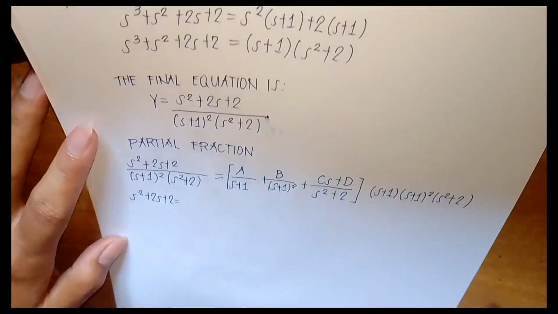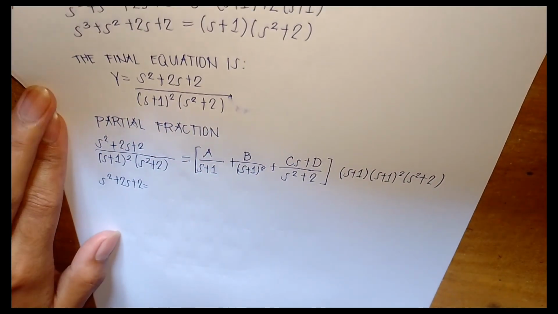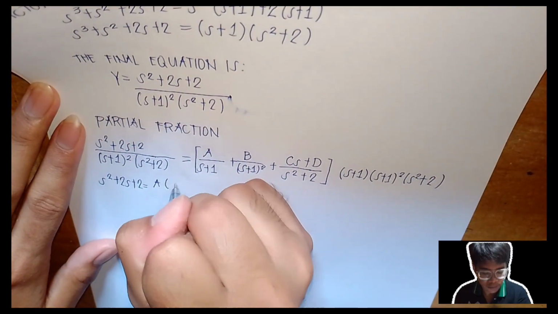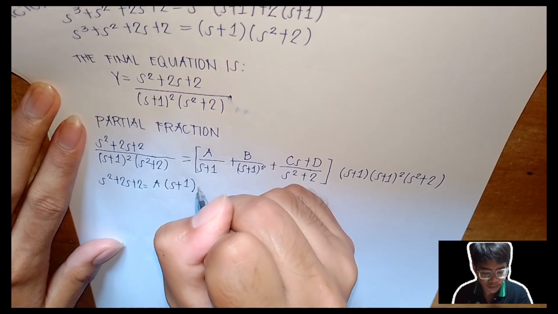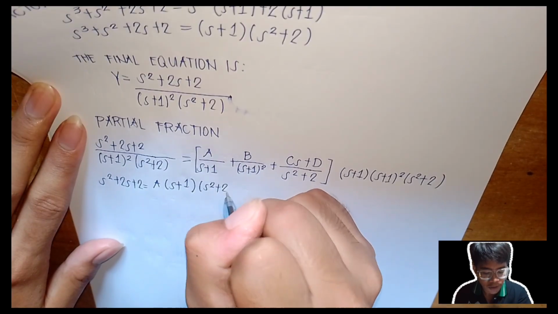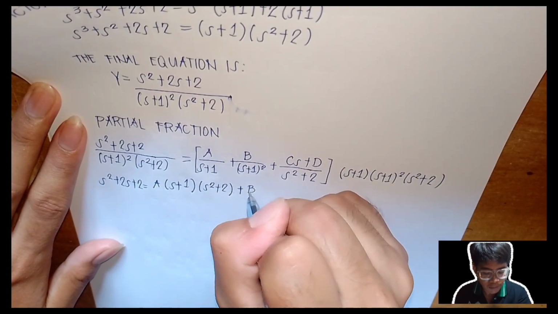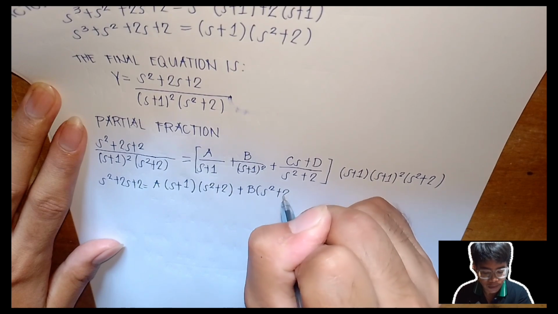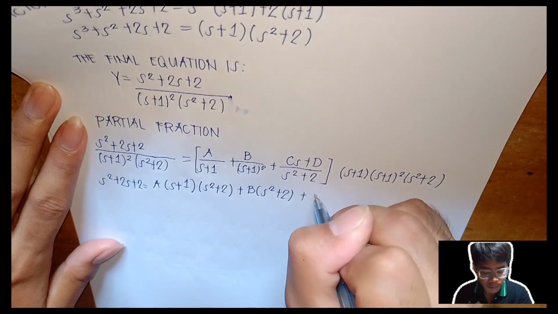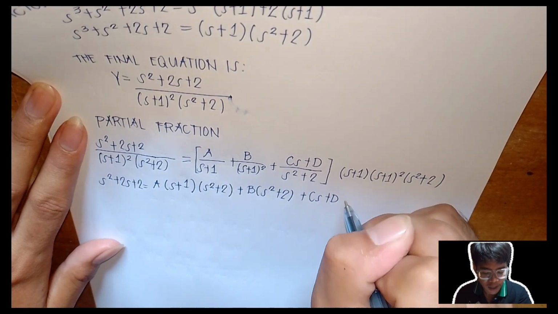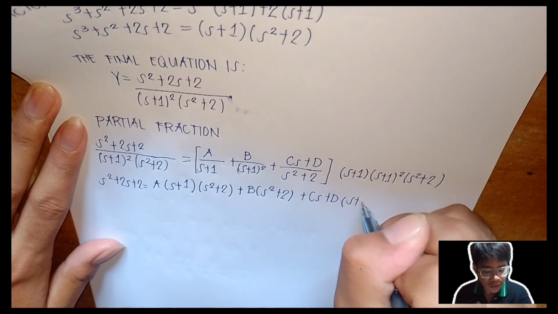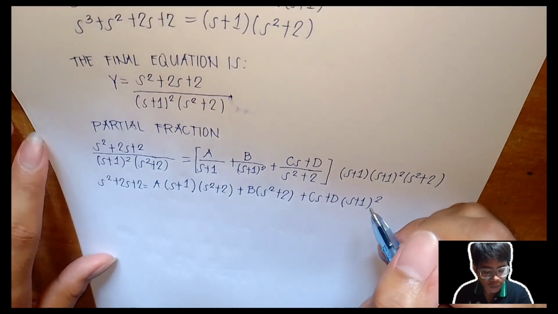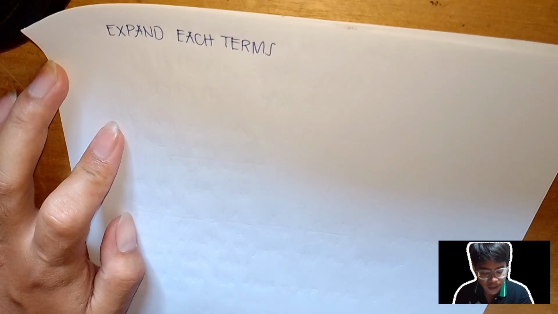s squared plus 2s plus 2 is equal to A times s plus 1 times s squared plus 2 plus B times s squared plus 2 plus Cs plus D times s plus 1 squared. Now, let's expand each term.